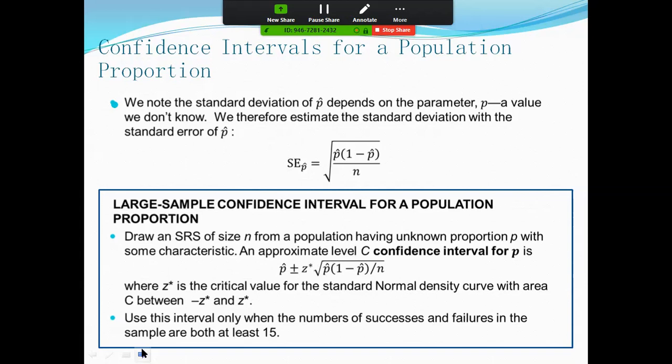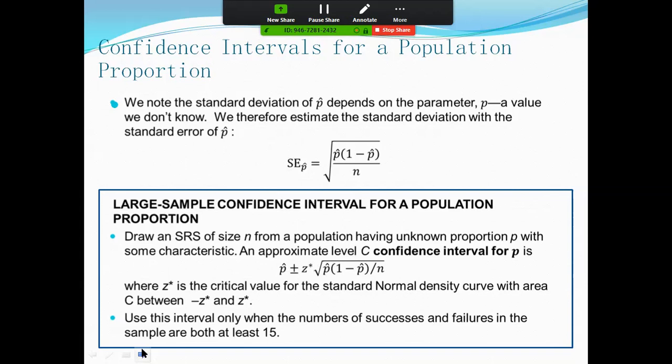Large sample confidence interval for a population proportion. Draw an SRS of size n from a population having unknown proportion p with some characteristic. An approximate level C confidence interval for p is p hat plus or minus z star times the standard error of p hat, where z star is the critical value for the standard normal density curve with area C between negative z star and z star.